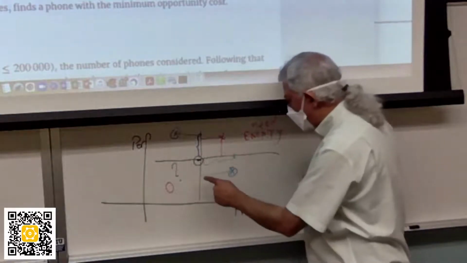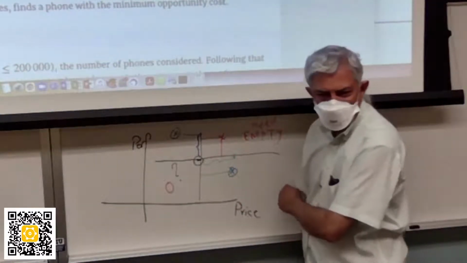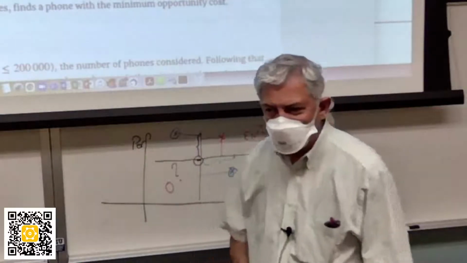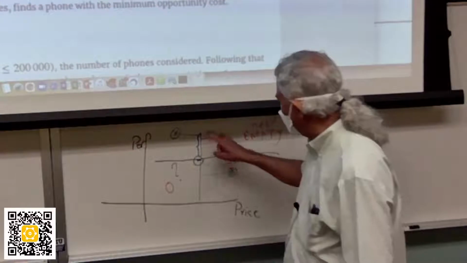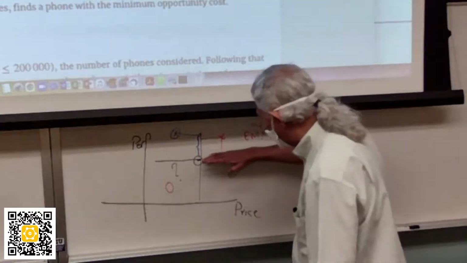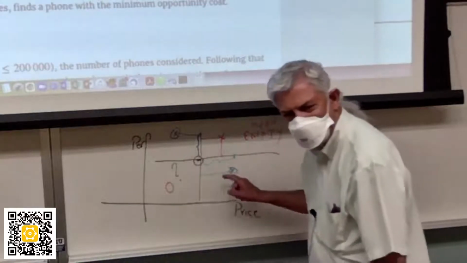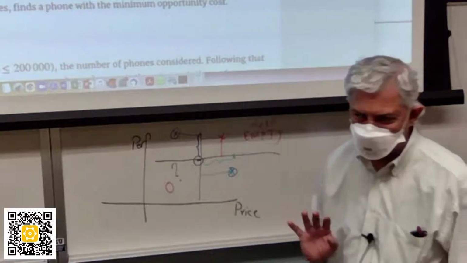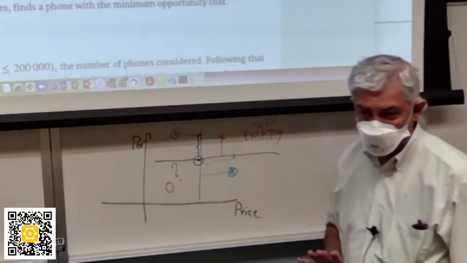Among here, I only care about the one with the highest x coordinate. This also is easy to do because I have my range trees. So I'm going to use the range tree and look at all the x values that are further from here, all the y values that are less than this, and then among that, I'm going to find the largest one. All of this can be easily done from the range trees in log n time, essentially.